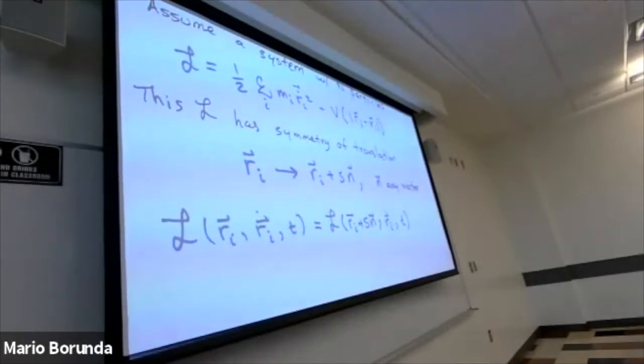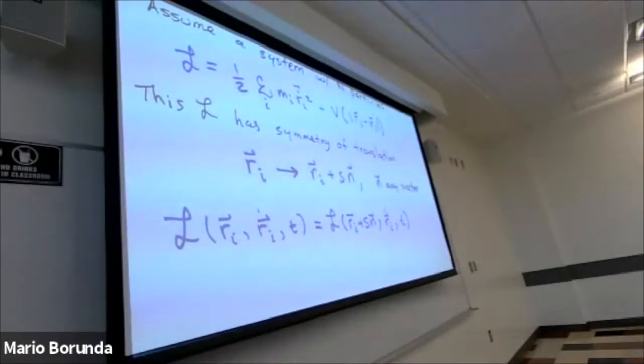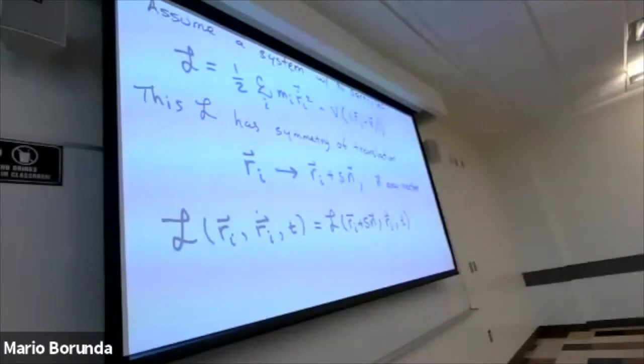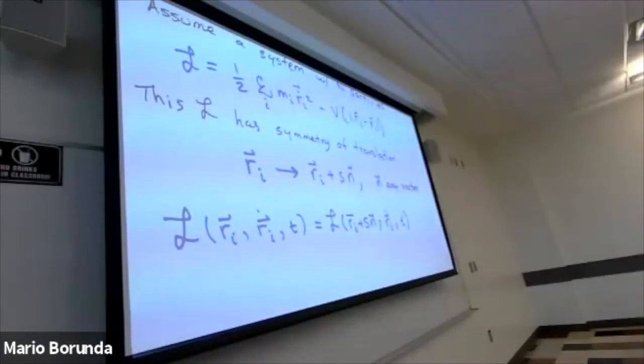So what this says is that space is homogeneous for translation, and that this S times the vector n doesn't do anything to the equations of motion. So in mathematical terms, Sn translations are just part of the Galilean group.